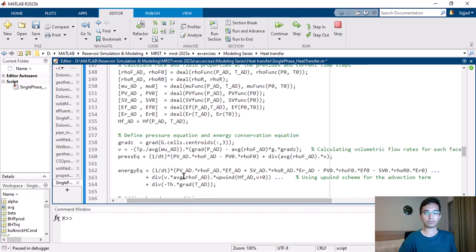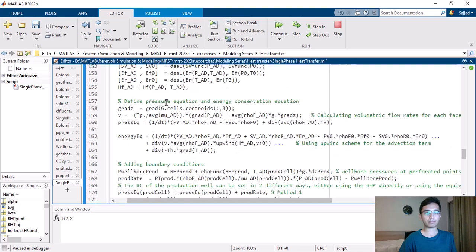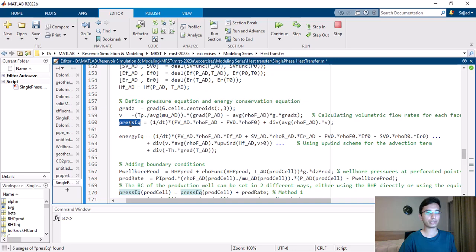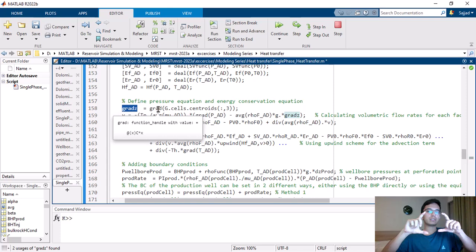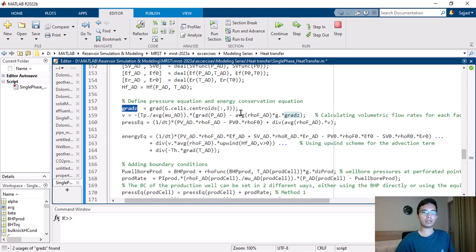All right, so now that we have all the parameters calculated, we can write the governing equations. But for the pressure equation, we first need to calculate the volumetric flow rate. So here we calculate the actual difference between the centroids of the grid cells in the vertical direction.